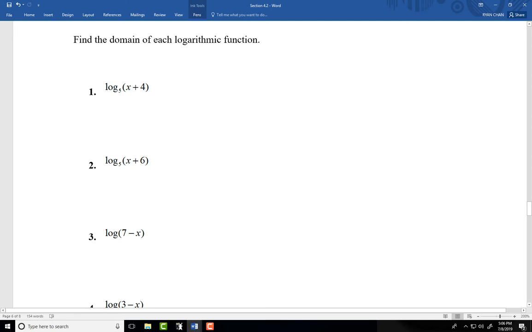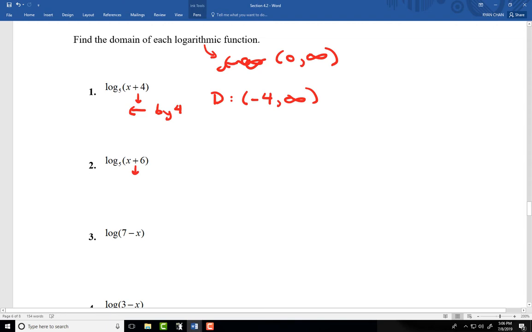So the domain of a logarithm without transformations is from 0 to infinity, okay? But if I have x plus 4, this is actually going to the left by 4. So my domain this time would be from -4 to infinity.